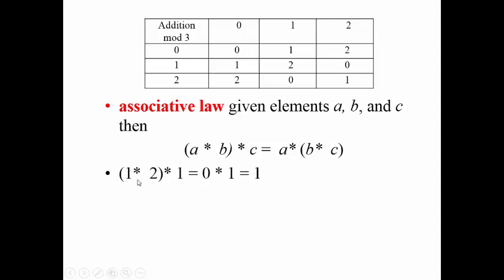So we'll have 1 multiplied by open parenthesis 2 operation 1 close parenthesis, which you can see is right here. And if you work that out the way I did it above, you'll get 1 back again. So now we've demonstrated, we haven't actually proved it, because to prove it we'd have to go through all of the examples.